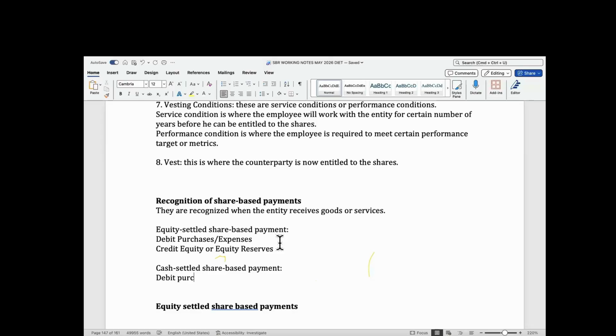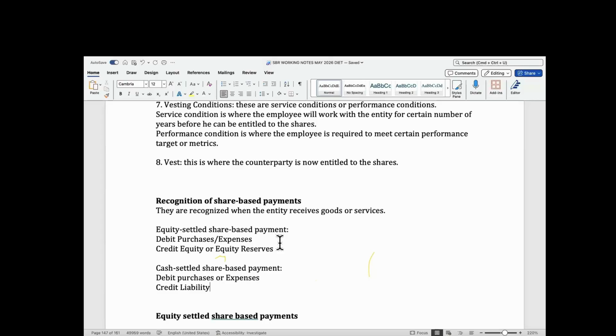So where there is a promise to give cash whose value is based on the share price of the company, we are still going to debit purchases or expenses or assets, depending on what we are buying. In this case, we are going to credit liability.